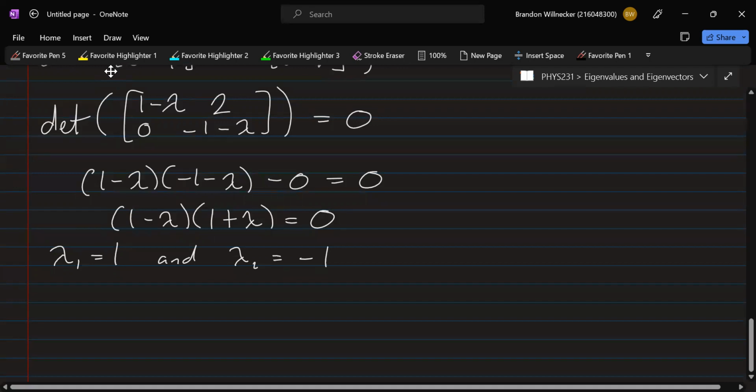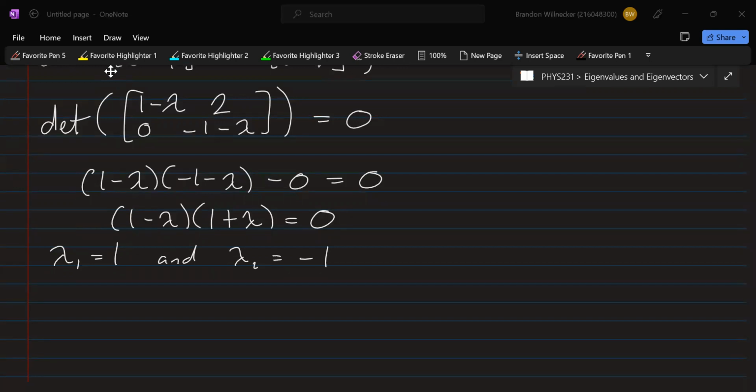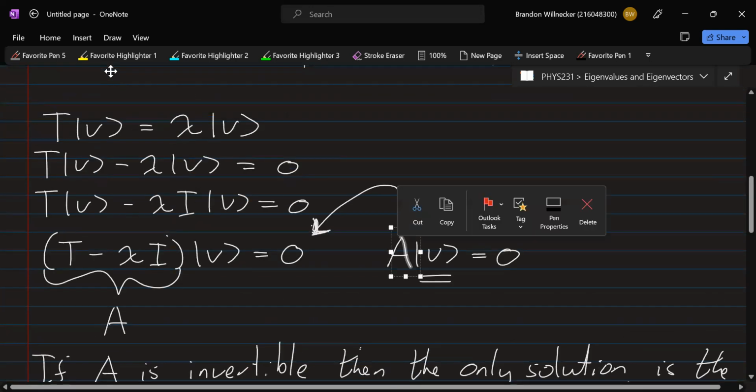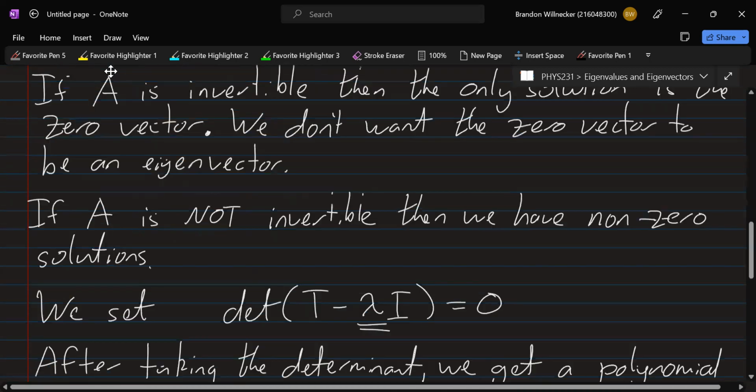Okay, now corresponding to each eigenvalue, there is an eigenvector. You might get 2 eigenvectors per eigenvalue, but we will talk about that later. Okay, so how do we find that? Well, we just substitute it back into our equation that we had above here, and then we can solve for the eigenvector.